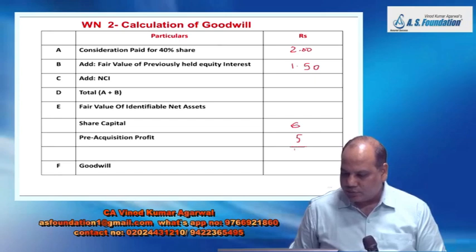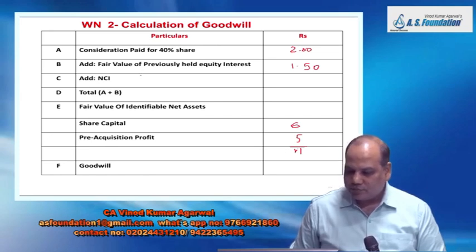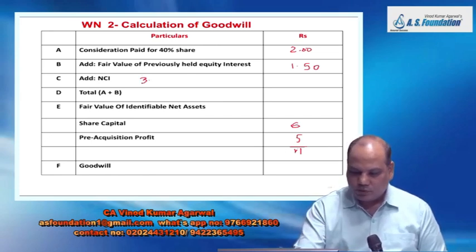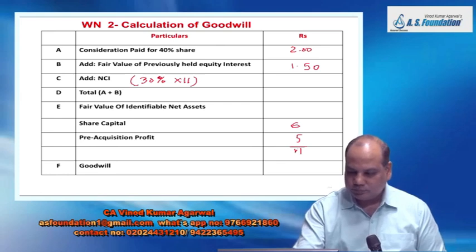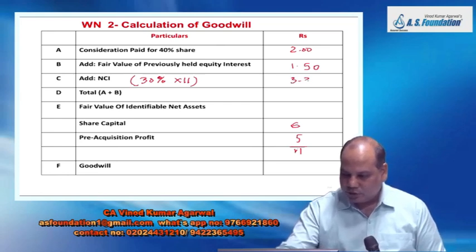So total is 11. So if for NCI you want to use net asset, then the NCI share will now be how much? 30% of 11, 3.30.